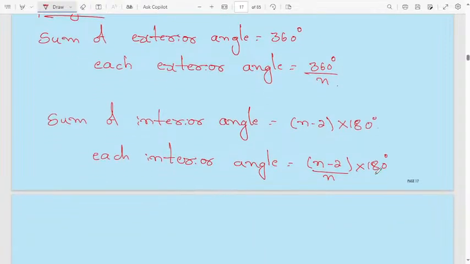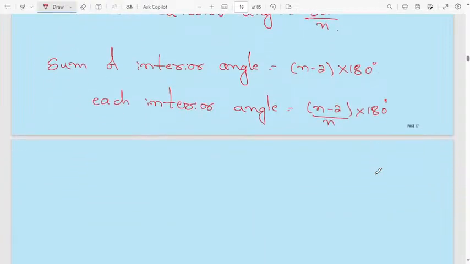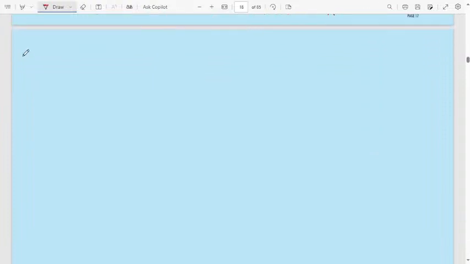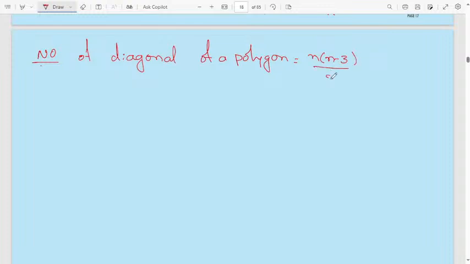Then next formula, to find the number of diagonals of a polygon, which formula will we use? n into n minus 3 divided by 2. Then area of a circle, pi r square.